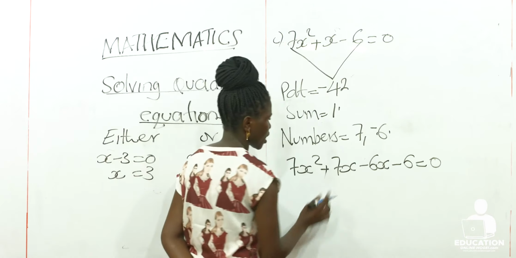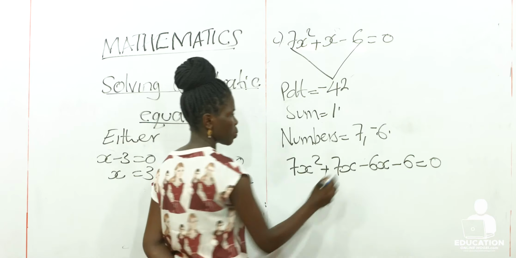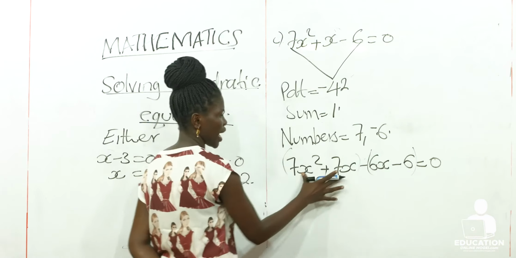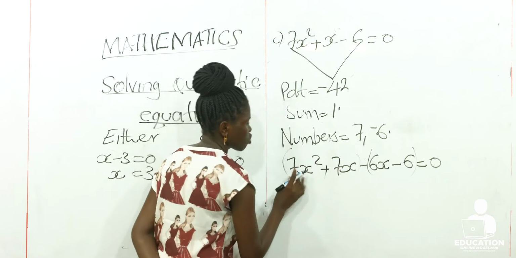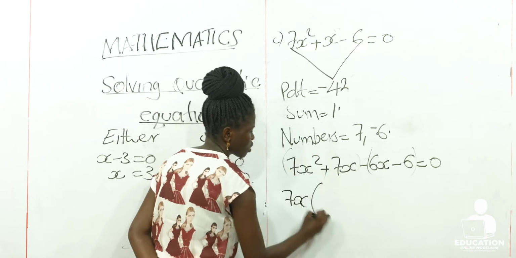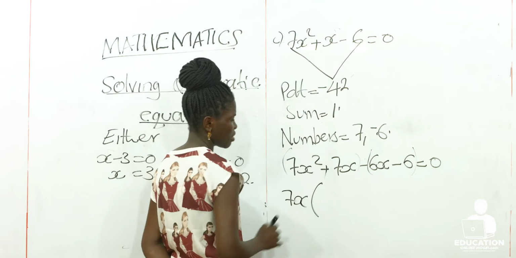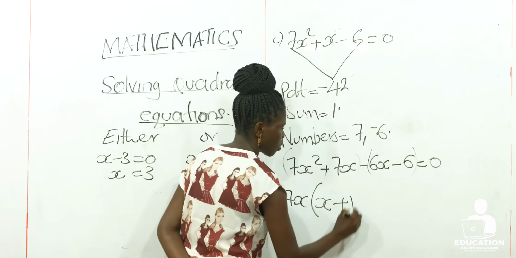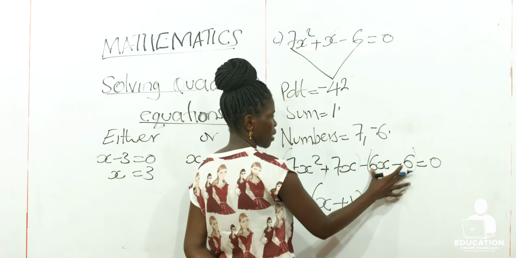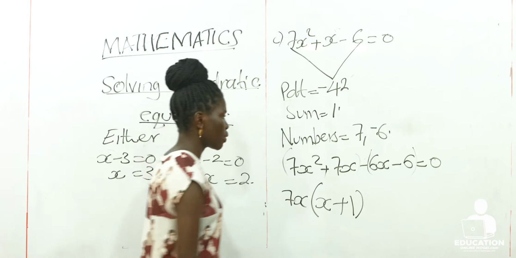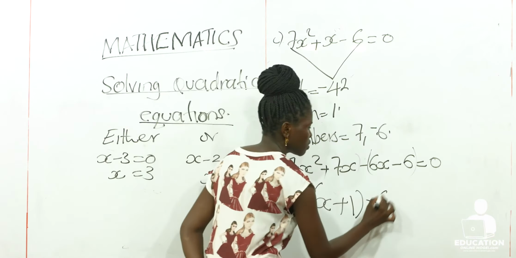So here, after writing this expression, we come and group. After grouping, we identify what is common. In this case, we are having 7x being common. We pull it out. Then 7x squared divided by this will give us x, plus, when you divide this, you get 1. Then here we are having 6 common to both, and they're all negative, so we pull out negative 6.